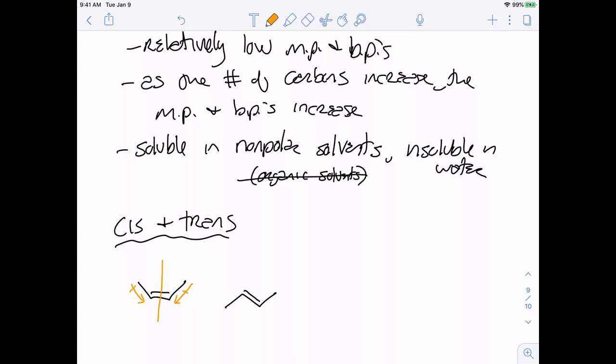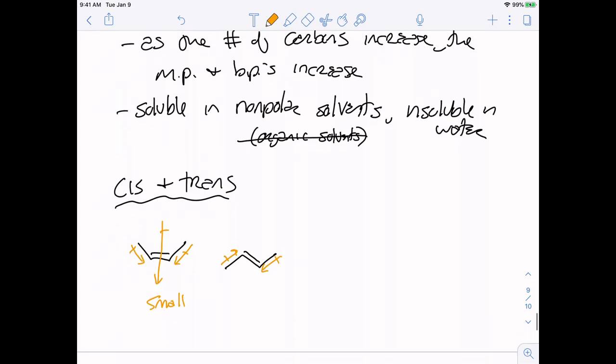In the trans version, because it's symmetrical, the dipoles are going to cancel each other out. The cis version does have a small net dipole, and I emphasize small. It's not really enough to make it polar, but it does increase the boiling point compared to the trans version. So we could say it's slightly polar.